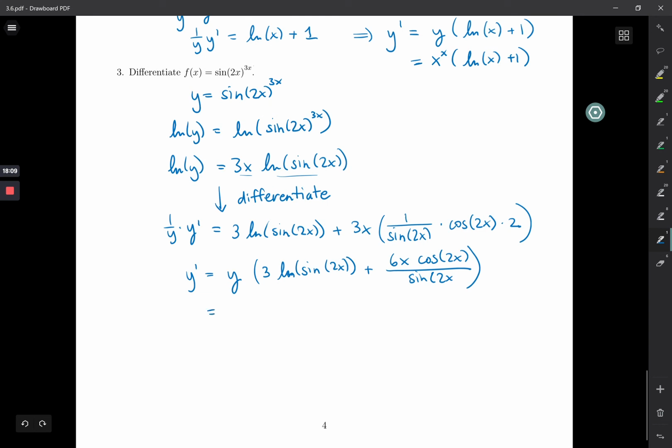And then y was equal to sine of 2x to the 3x, and then we just copy this other part. Okay, and that is our answer.